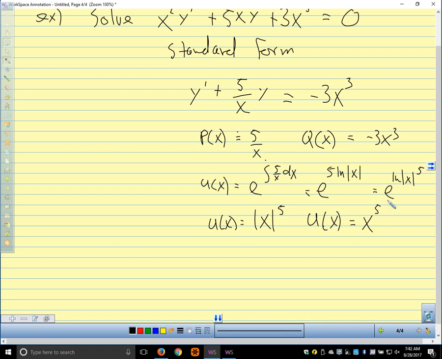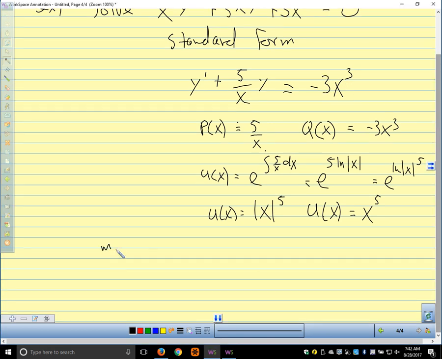All right. Now I'm going to multiply this standard form by x to the fifth. So I get x to the fifth y prime plus 5x to the fourth y equals minus 3x to the eighth.